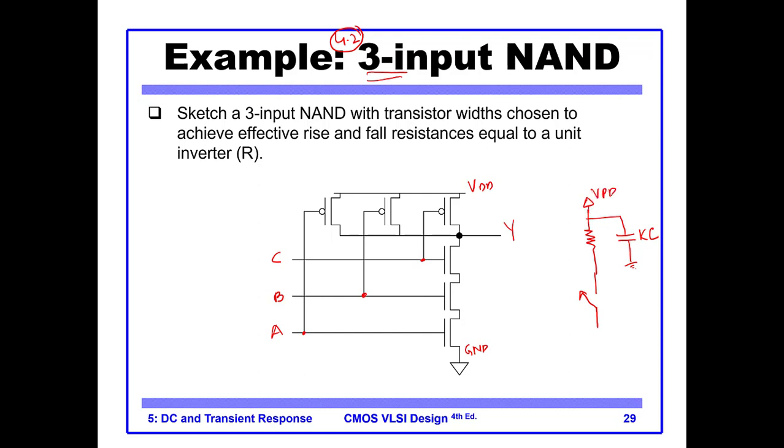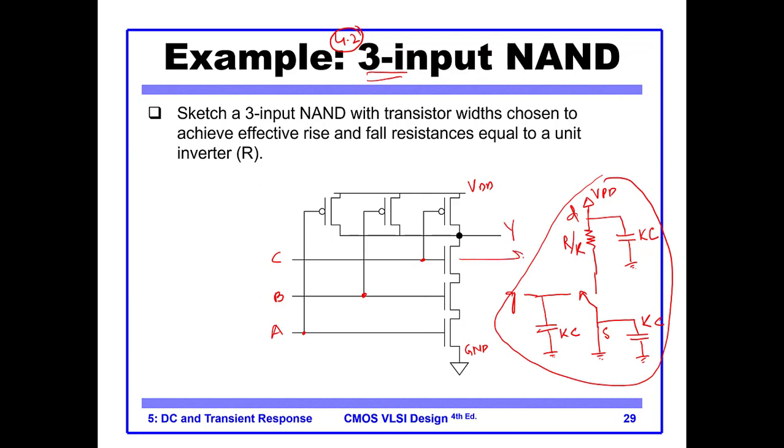Similarly, the drain has the resistance, which is R by K. And then on the source side, we have a capacitor connected here, that is again KC. And then on the gate side, we have this gate capacitor, which is KC, and this is our gate, this is our drain side, this is our source side. So this is the RC model for an NMOS.